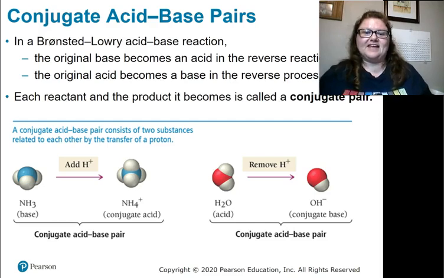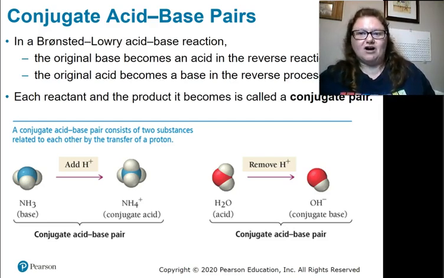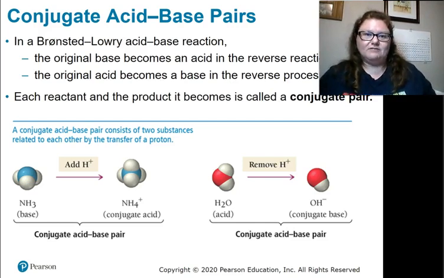So we can say that again as the original base becomes an acid as a product. So it's a base as a reactant and then an acid as a product. And then we can flip that statement. The original acid in the reaction will become a base for the product side. And so it's just that proton losing and gaining.